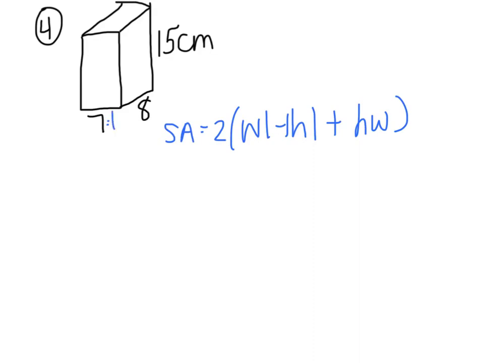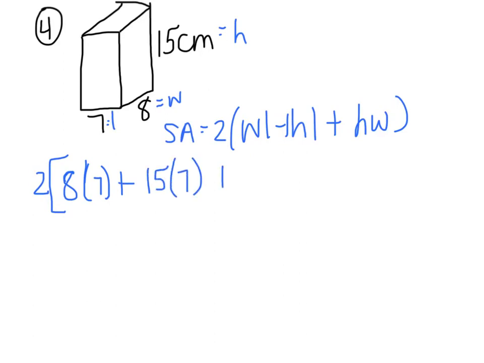So 7 is our length, 8 is our width, 15 is our height. So 2 times 8 times 7 plus our height, which is 15 times 7, plus 15 times 8.